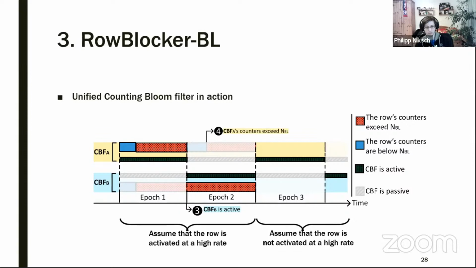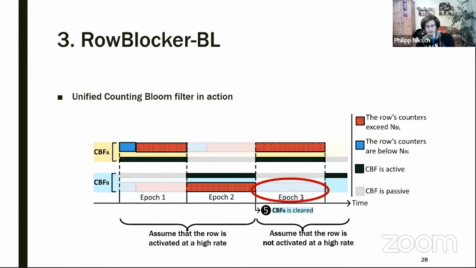At timestamp 4, the row exceeds the threshold for CBFA again. And at the end of epoch 2, CBFB gets cleared and CBFA becomes active again. Since the row is not being activated anymore, the counter stays below the threshold and will no longer be blacklisted at the beginning of epoch 2.